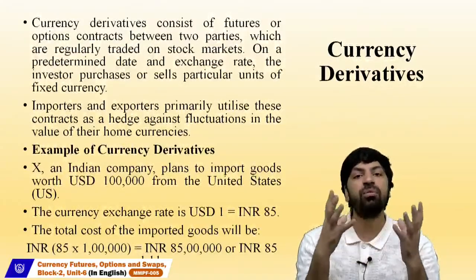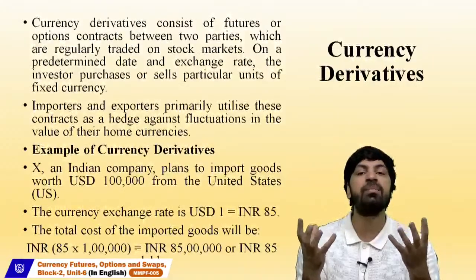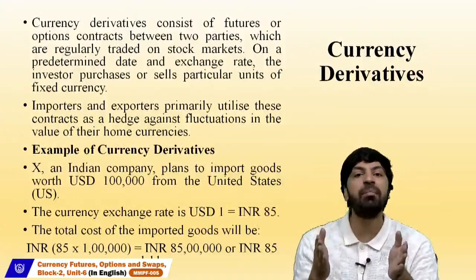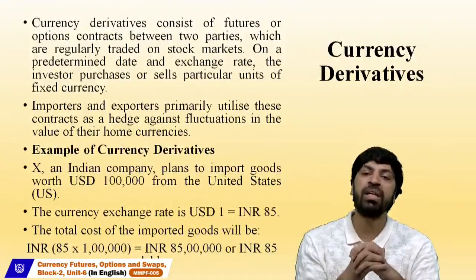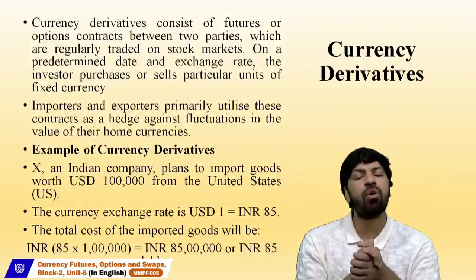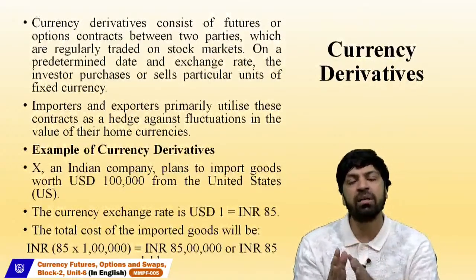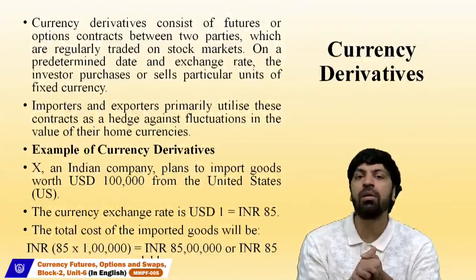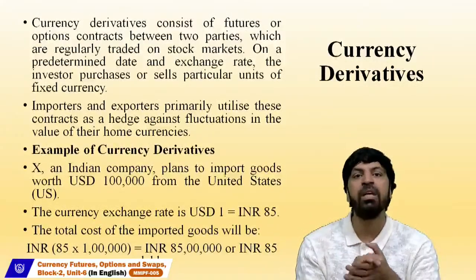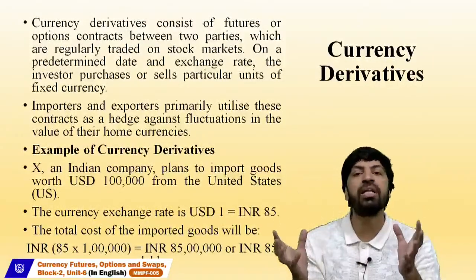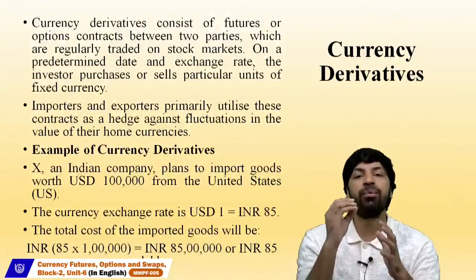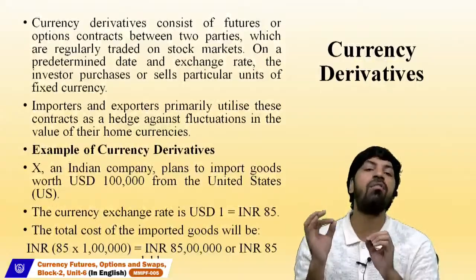So these two concepts are called derivatives, which refer to an agreement between two parties that are regularly traded on stock markets, dealing with futures, stocks or bonds. Whatever transactions are traded would take place at a predetermined exchange rate.